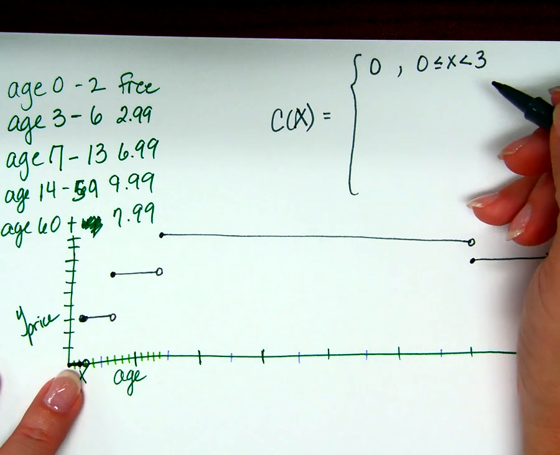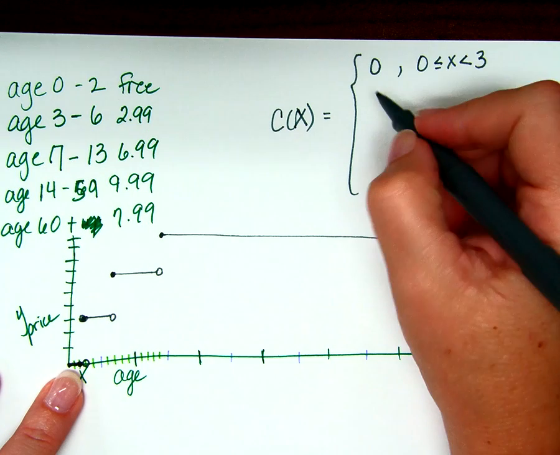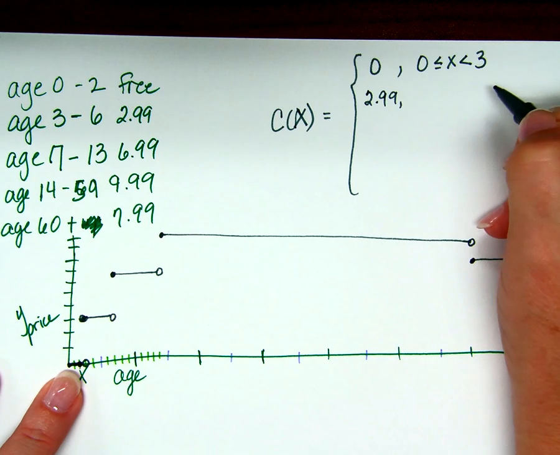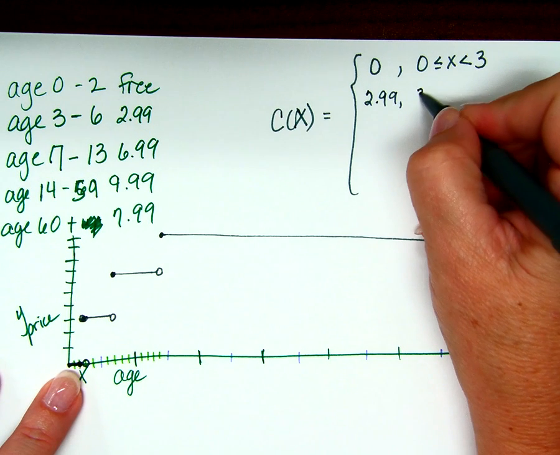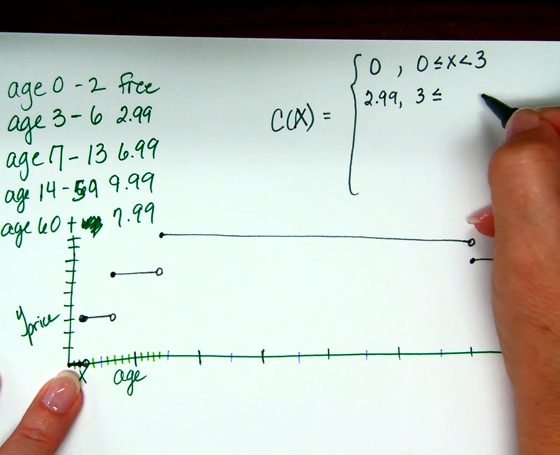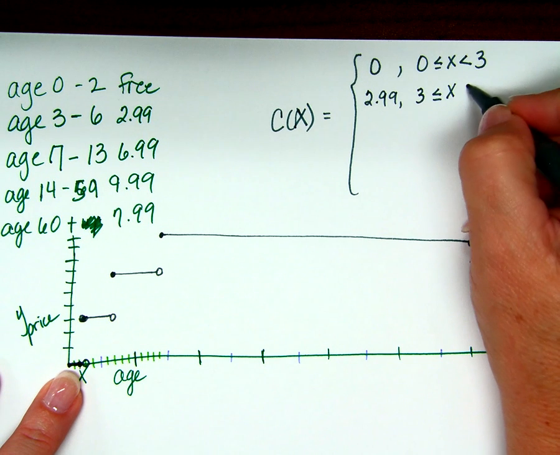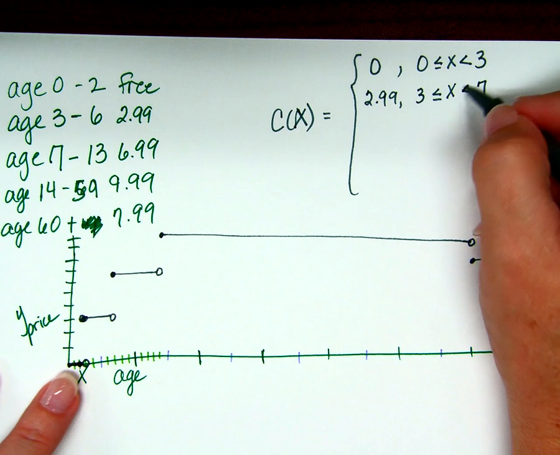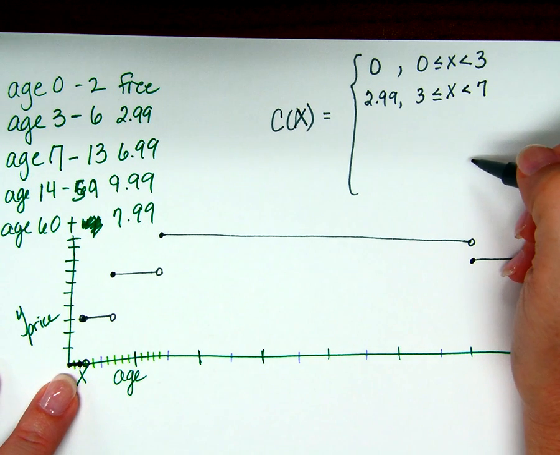Then what happens? What's the cost? $2.99 from where? 3 all the way to where? 7, but not including 7. So we just have less than. Okay?